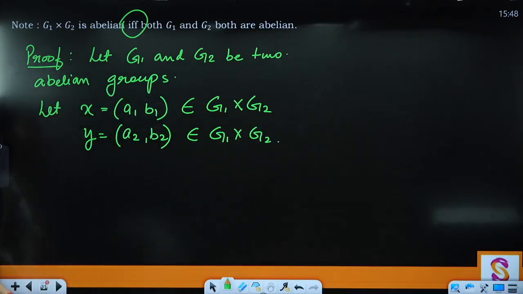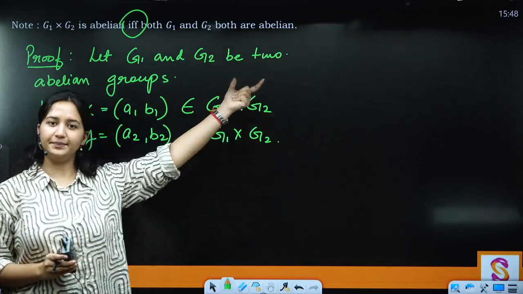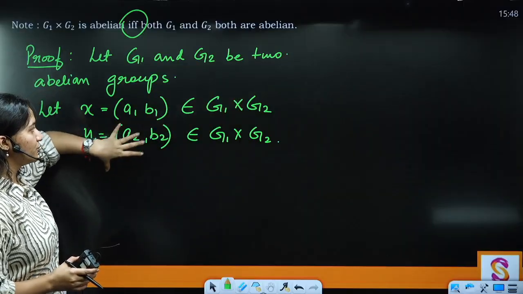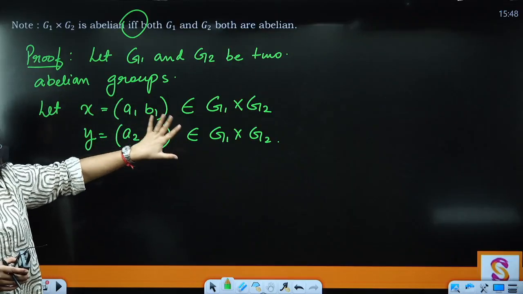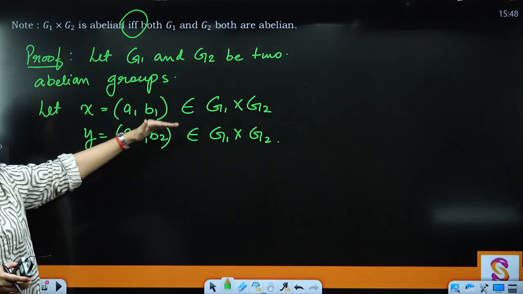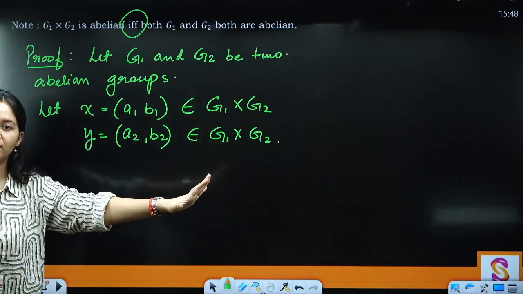Okay. Now what is the given information? That G1 and G2 individually are abelian, right? So I want to prove that G1 cross G2 is going to be abelian. Basically, I have taken two elements from G1 cross G2. So I have to prove that x dot y is going to be equal to y dot x, right?